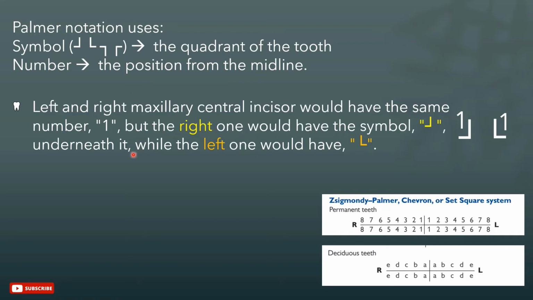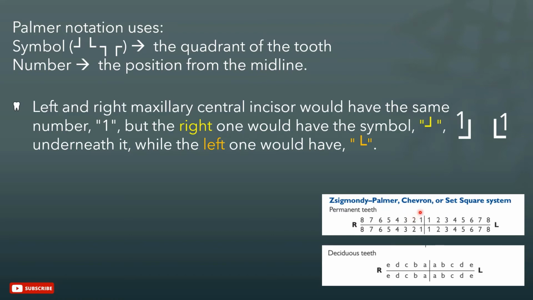If you're talking about maxillary right central incisor, you know now that because it's maxillary, you will use the two corner symbols indicating the upper. To make it easy, look at this cross shape or the grid shape of the 4 quadrants. Imagine that you're talking about this tooth.